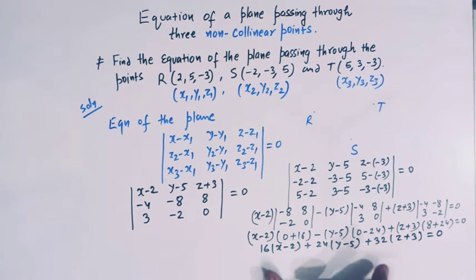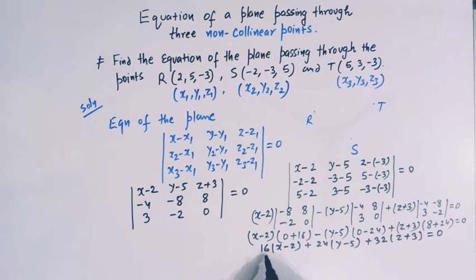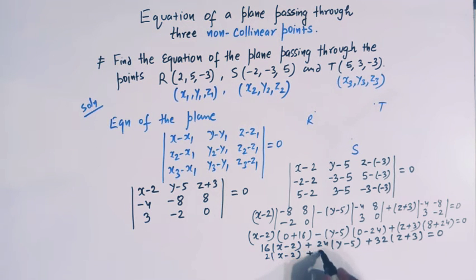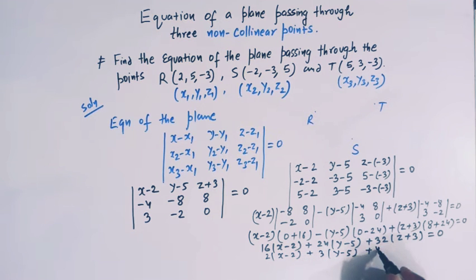Now dividing throughout by 8, we can further write this equation as 2(x minus 2) plus 3(y minus 5) plus 4(z plus 3) equal to 0.